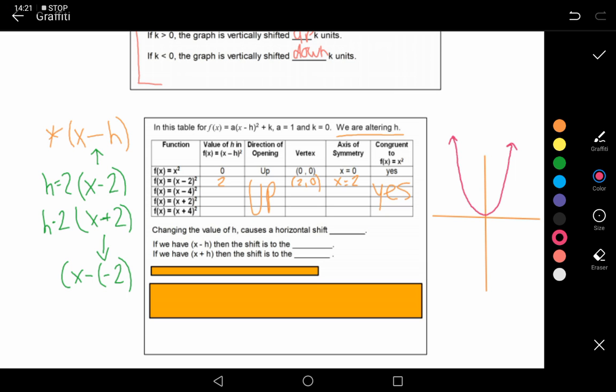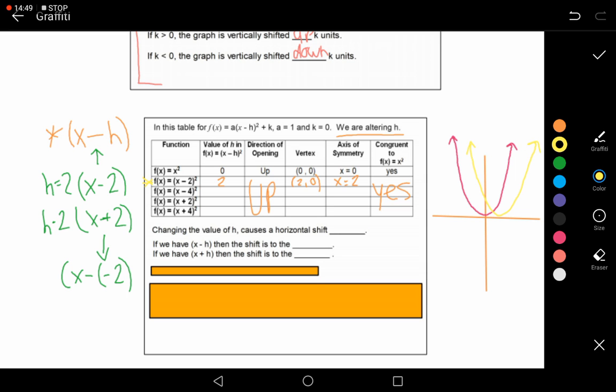So that means my new graph, yellow again, my vertex is at 2, 0. That means x is 2, y is 0. So my new graph is going to look something like this. Everything else is the same except my vertex changes. I'm actually moving over to the right 2.